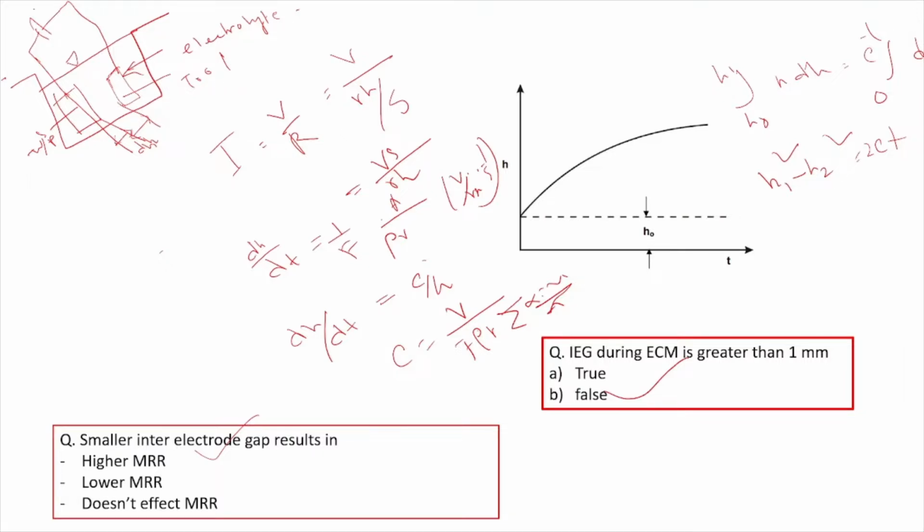Okay, one more thing in the previous slide, on the dynamics in the electrolyte, I forgot to mention. Let's say the initial gap is dH by dt equals C by H, but irrespective of the initial gap we need to find H dash.